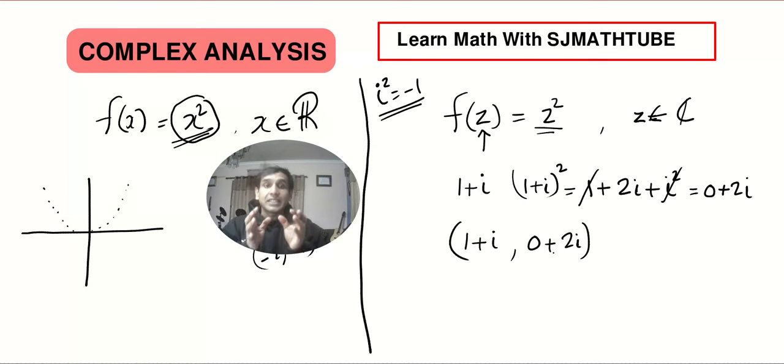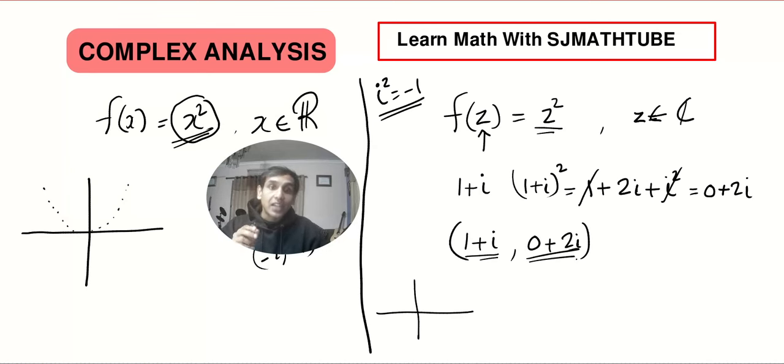Now starts the trouble. The input is a complex number, and from the last video you learned that to plug in a complex number into a graph, we use the two-dimensional system and we called it the Argand diagram. So the input itself is in two dimensions.